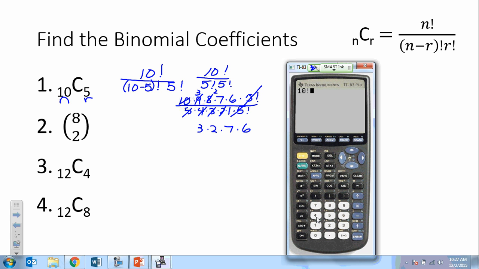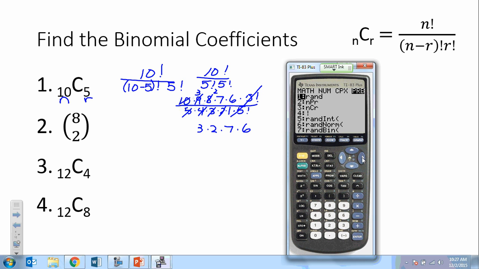We have a factorial button, so 10 factorial divided by, put it down before I try to divide. And we want a 5 factorial times a 5 factorial. So we need to put a parenthesis here and say 5 factorial times 5 factorial again.